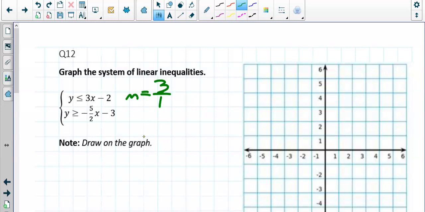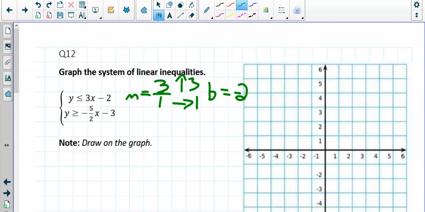I'm going to plot that too. I promise you I'm not going to go out of order. So what does the 3 tell us to do? Rise 3. What does the 1 tell us to do? To the right 1. Careful when you say over. I will always ask, well, which direction over? Right or left? And then what was your b? Negative 2. All right. So now how do we graph?